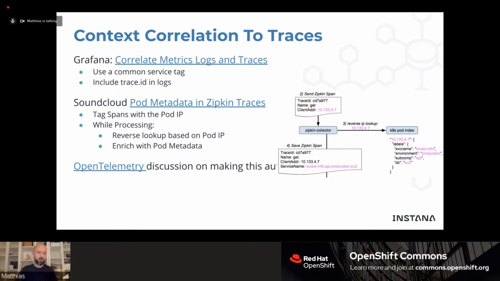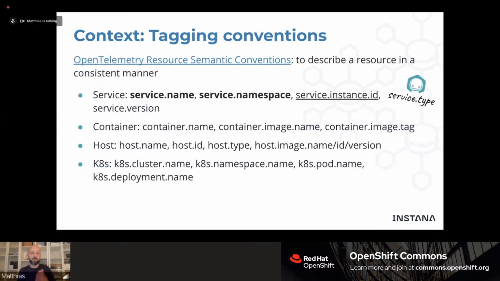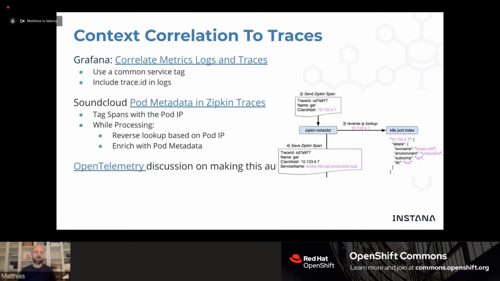Here's the first one. The example is from Grafana, and they talk about how to use the trace ID in logs and use a common service tag throughout the system. The service name here is used slightly differently, but it's throughout the system, so that they can then look at the service.